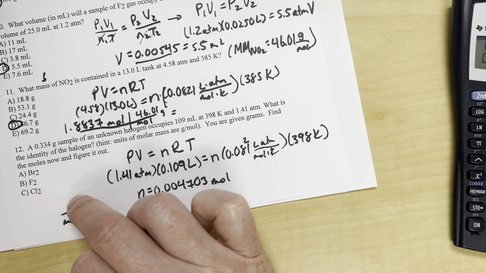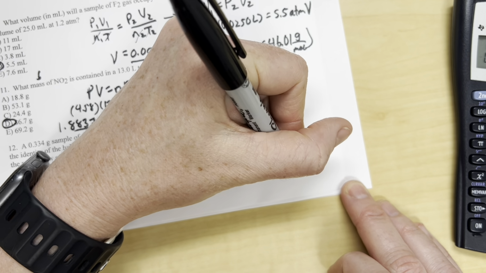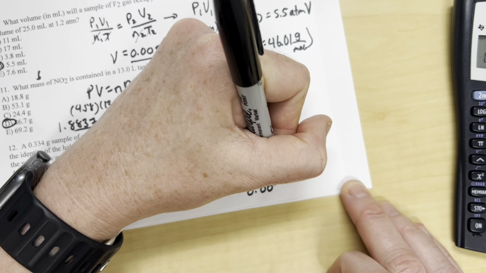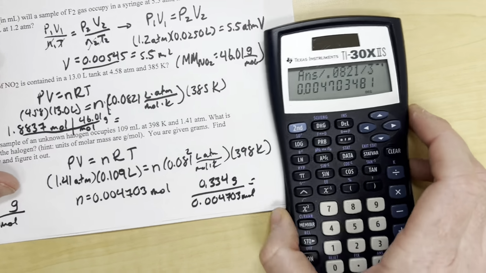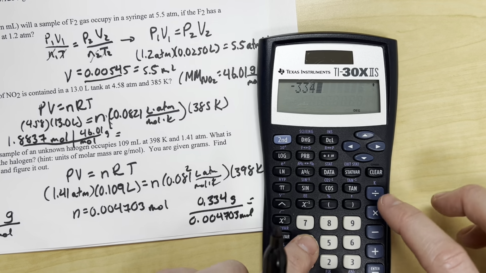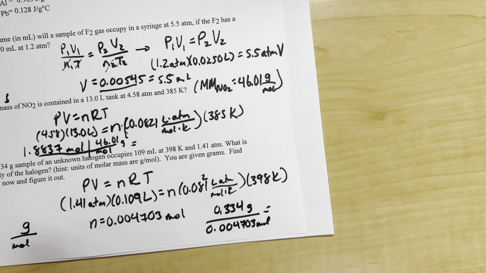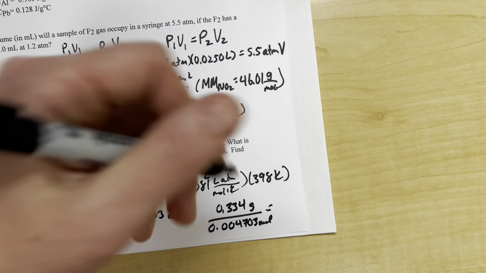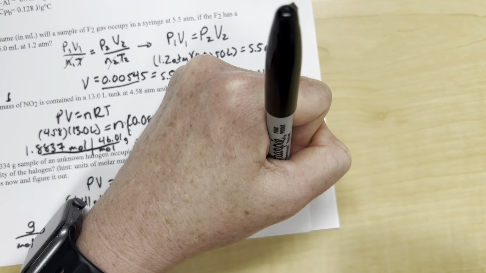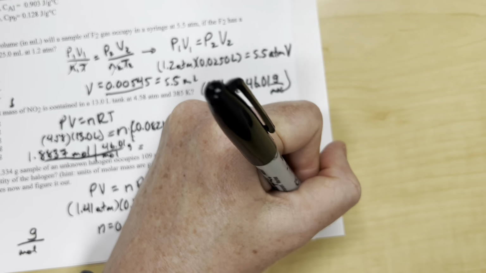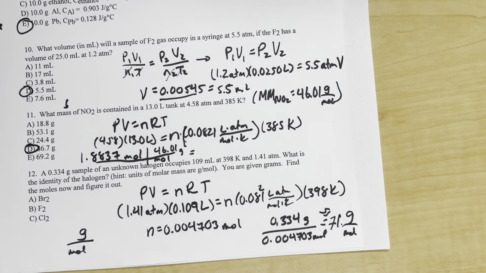Therefore, we take the grams and divide by the moles. 0.334 divided by 0.004703 mole gives me an answer of 71-ish grams per mole, meaning my answer needs to be about 71 grams per mole.